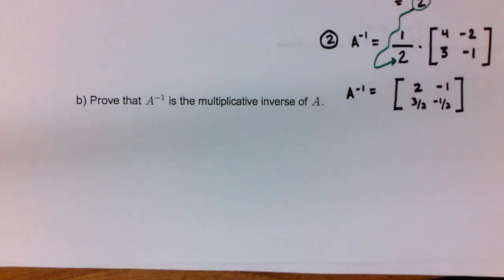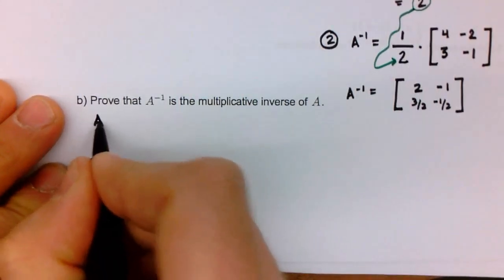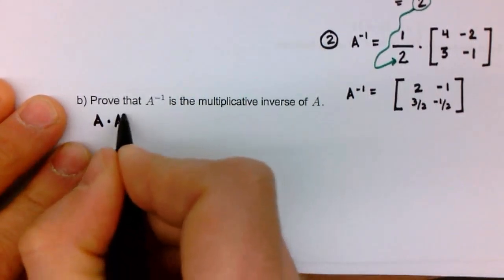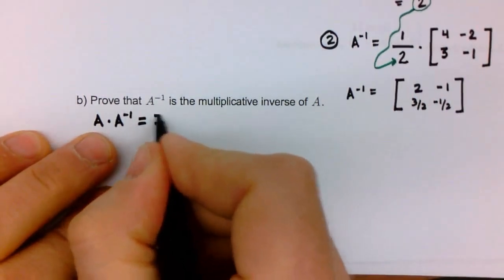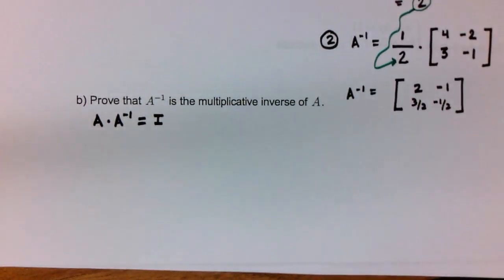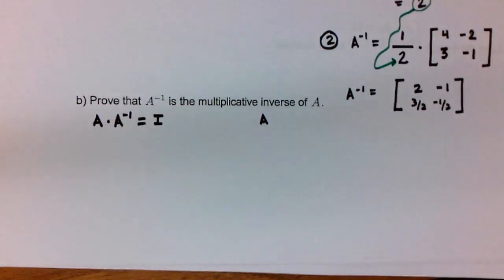Okay. If you have a functioning inverse, 2 things should be true. The first is this. If you take A and you multiply it by its inverse, you should get a particular matrix. What is that matrix that you should end up with, folks? Very nice. It also has to work in the other direction. You know how we talked about last class, how when you switch the 2 matrices, you don't always get the same answer?